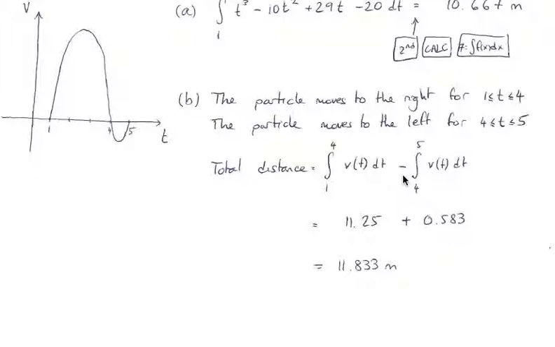Here I just decided to change the sign before integrating, so it's minus the integral from 4 to 5. You can do all of that separately and put the positive values together in the end. You'll find that it actually went 11.25 meters to the right, and then it backtracked for 0.58 meters. So in total, it traveled 11.83 meters.